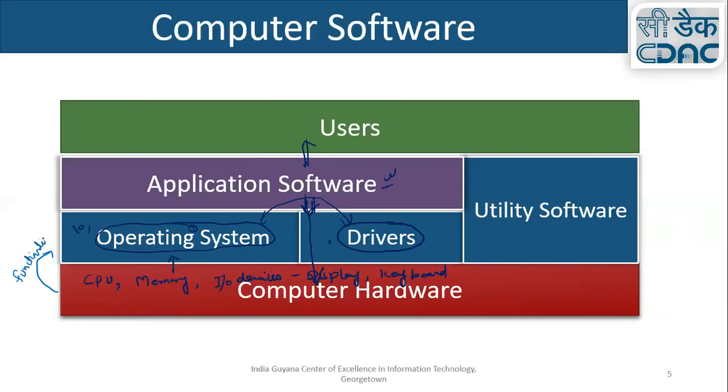Inside the memory you can store something, the CPU can execute something, your display can display something, and by using the keyboard you can input something. So these different devices provide some functionality to the operating system.